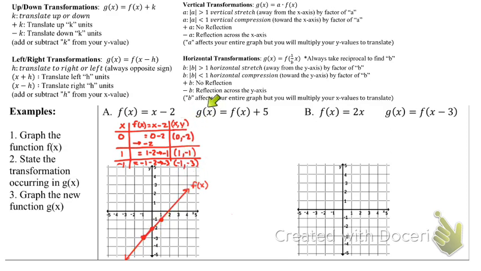What I'm going to do now is, in green, graph g of x. But here's the kicker. Instead of doing an input-output table for g of x, we're going to use a transformation. And what g of x is saying is, hey, take your f of x drawing, so take your graph.